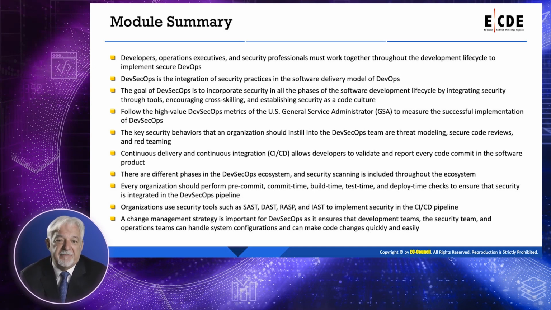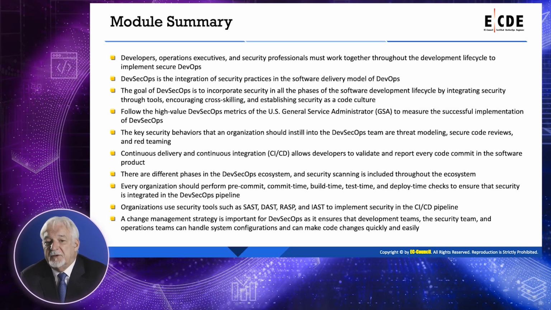Try to follow the high-value DevSecOps metrics of the U.S. General Services Administration, GSA, to measure the successful implementation of DevSecOps. The key security behaviors that an organization should instill into the DevSecOps team are threat modeling, secure code reviews, and red teaming.